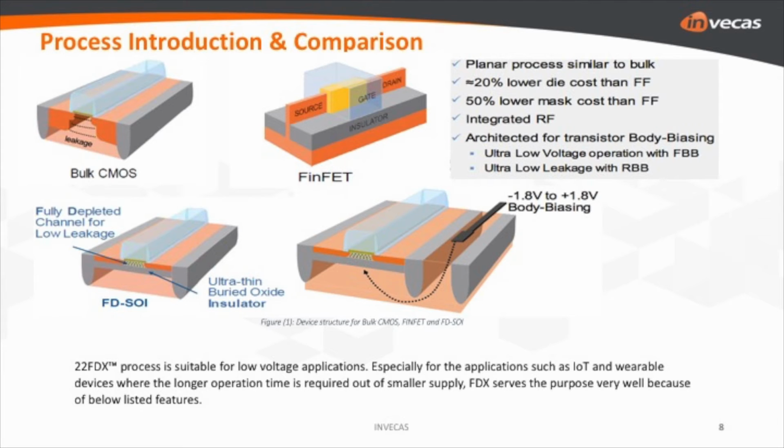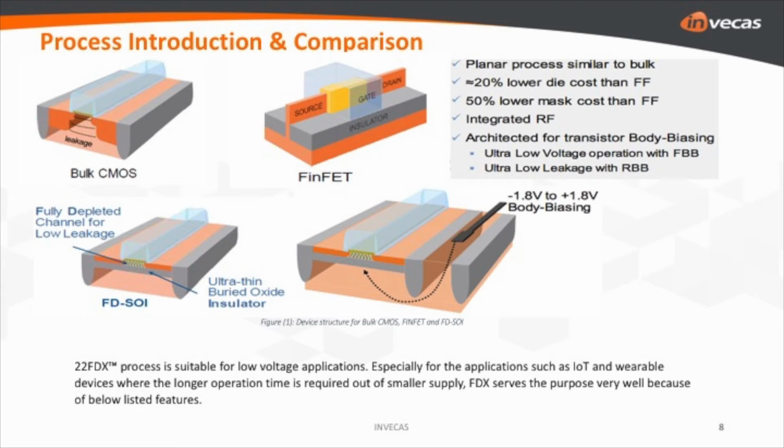The 22FDX process, how does it stand in comparison with the bulk planar process and FinFETs? So the planar process is very similar to bulk, about 20% lower die cost than FinFET is what we are looking at when we are talking of FDX, and 50% lower mask cost than the FinFETs.